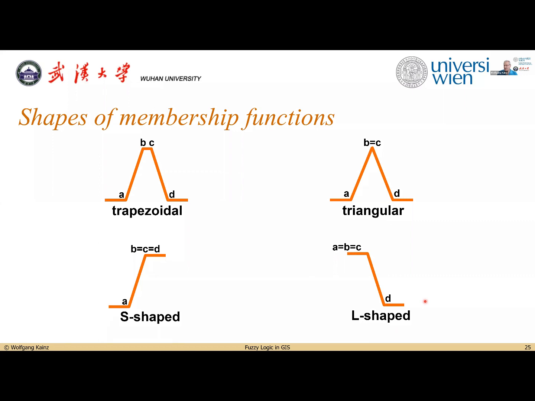This is called an L-shaped membership function because somehow it resembles the shape of an L. Now, looking at these 4 possibilities of using the general trapezoidal function, we can model the following situations.